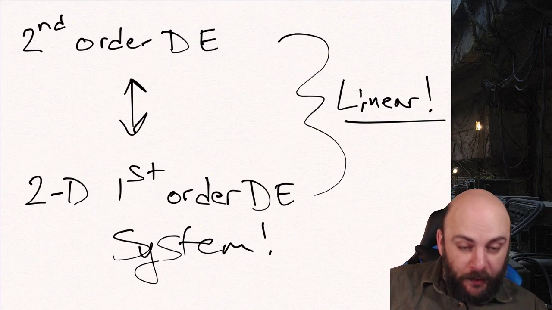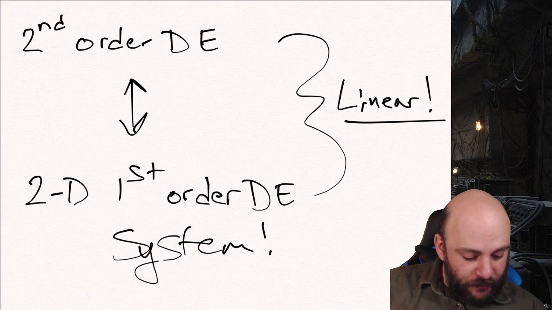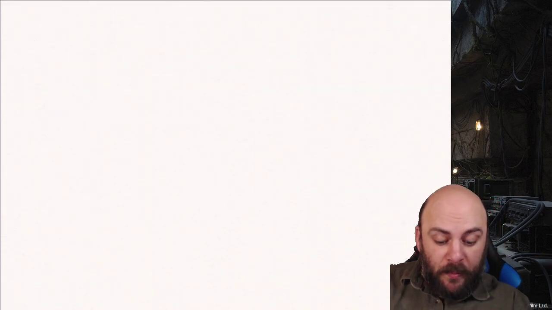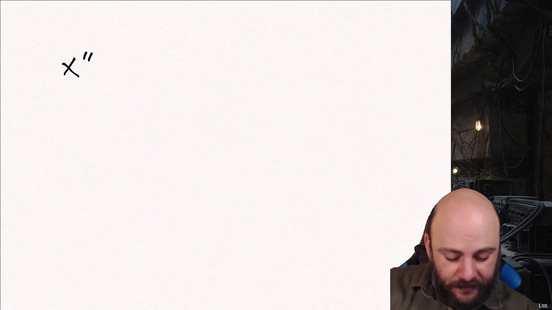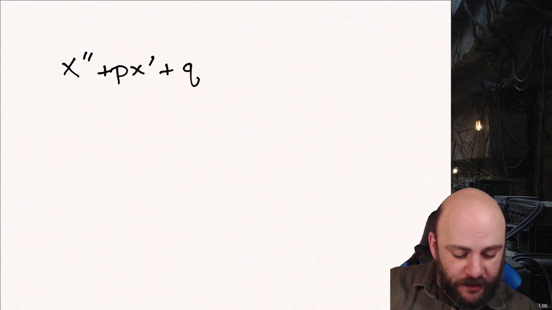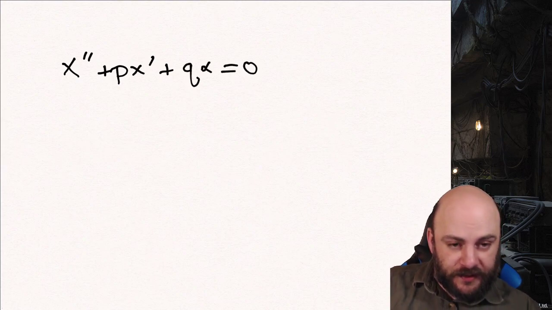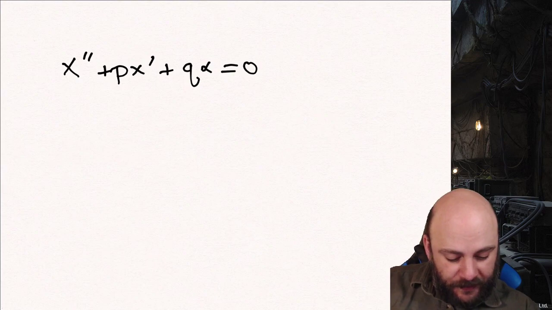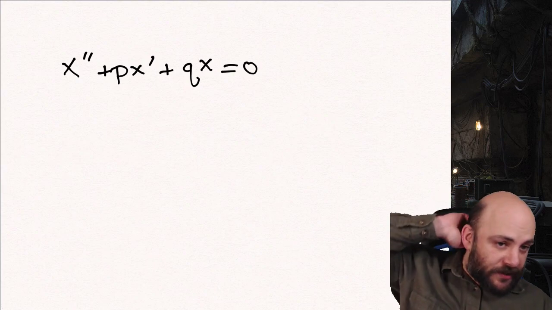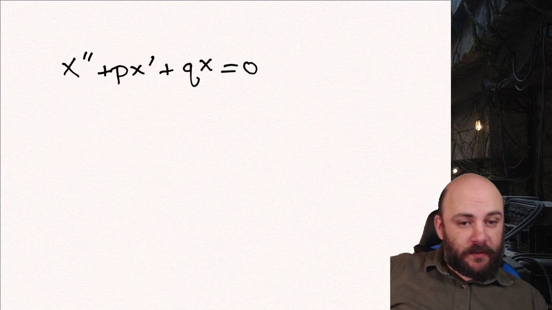We're going to exploit that a lot, and to do that, because we studied our butts off with second order differential equations of the form x double prime plus px prime plus qx equals 0. The important thing here is that we are linear, we have constant coefficients, and we're homogeneous, so it's not forced.